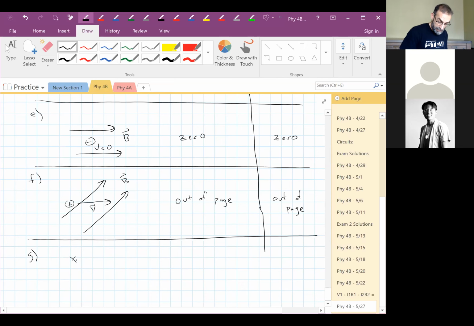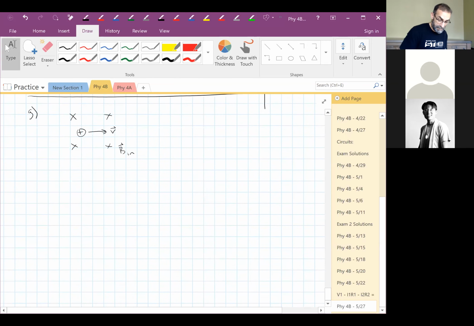Let's have our magnetic field into the page. We'll have a positive charge moving this way. Do one more.